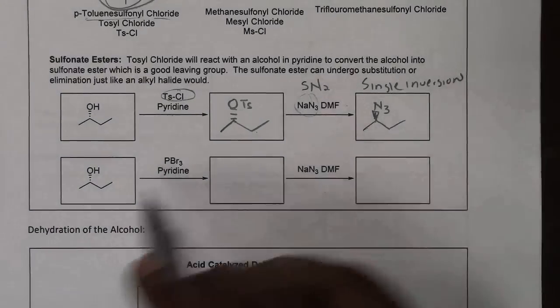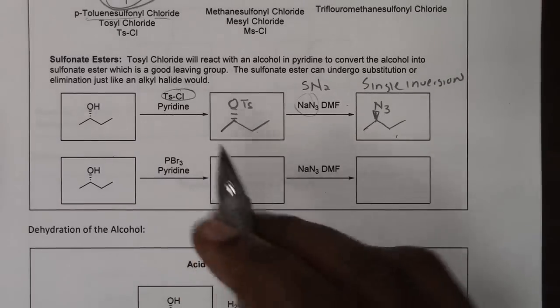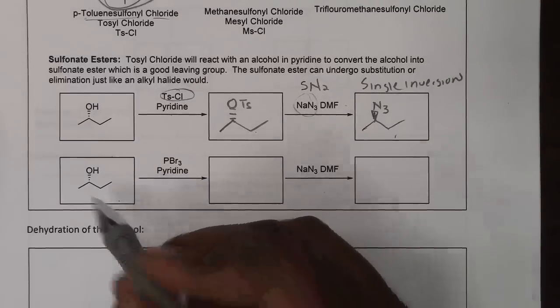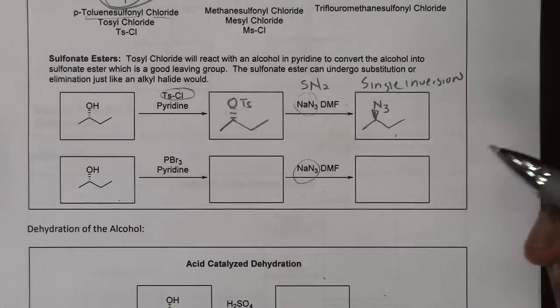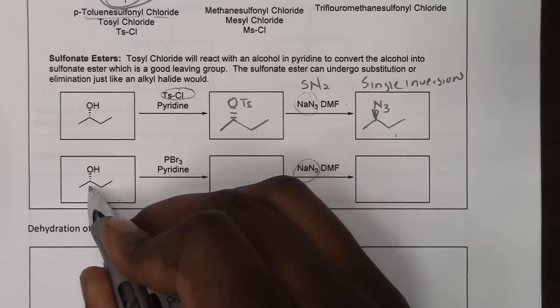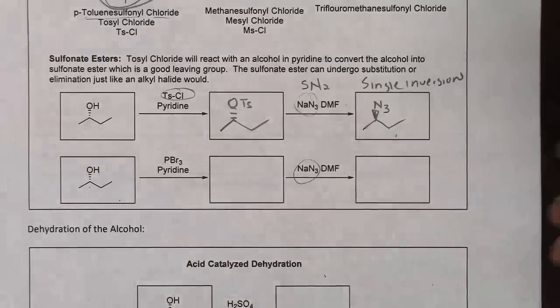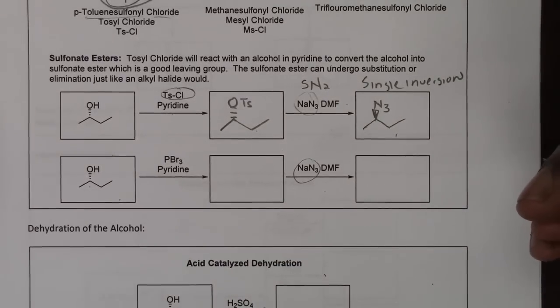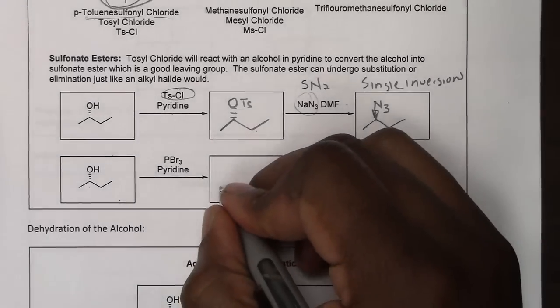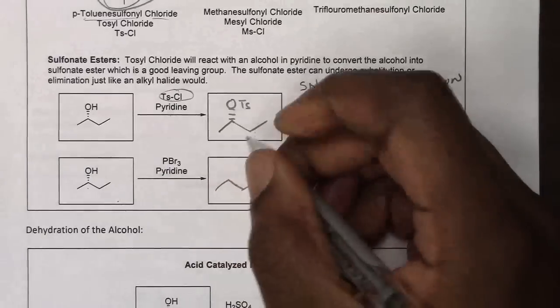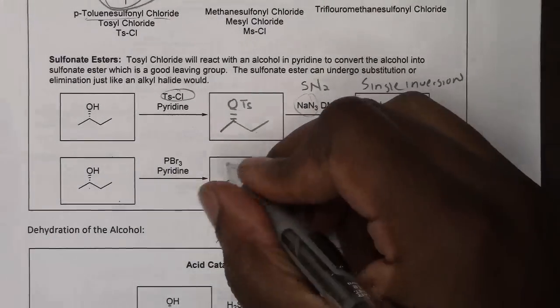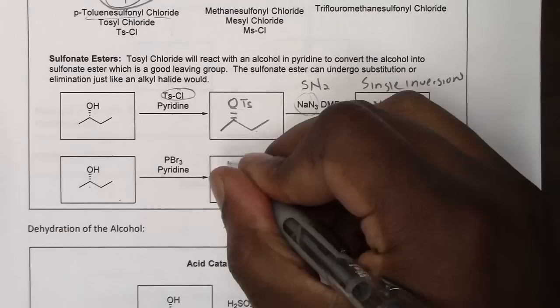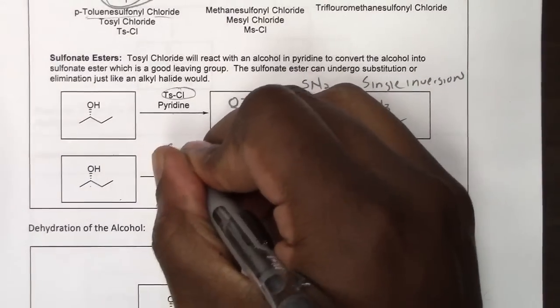Now let's compare what's happened here to us halogenating the alcohol first and then doing our SN2 reaction. So we know that when we have an alcohol and we react it with PBr3, POCl3, or PCl3, or SOCl2, we will remove the alcohol, replacing it with a halogen, and we'll have inversion of stereochemistry. So this is an SN2 reaction.